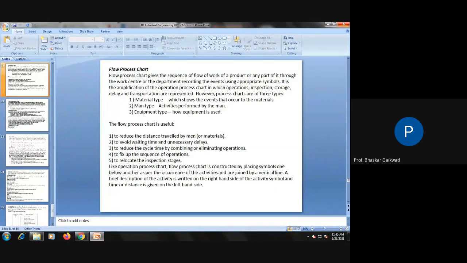Number one is to reduce the distance traveled by man or material. So the main importance of this flow process chart is to reduce the distance traveled by man or material. In industry, man movement is there. Supervisors' movement is more.